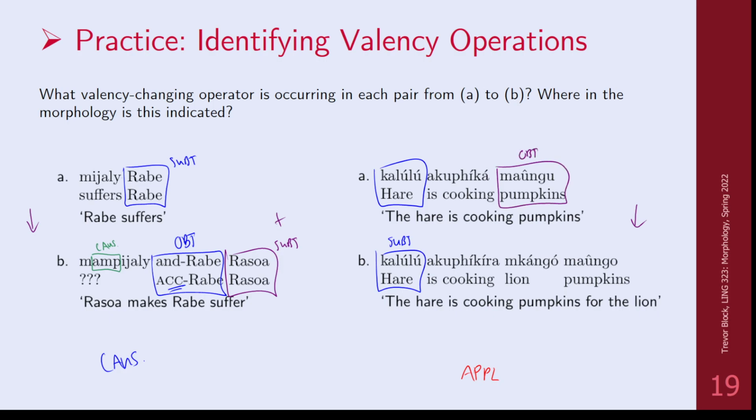So that is the object. And for is cooking on the verb, we actually see a little marker as well for the applicative. So we know the verb has changed to show that we have that as well. And then I see our new argument lion. So let's call this an indirect object here. And that shows our new object that we're getting in the applicative.